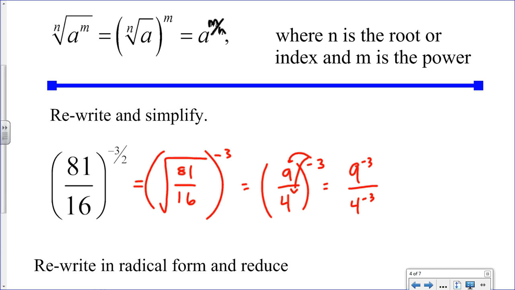So negative exponents do not give me negative numbers, remember. What do negative exponents do? Yeah, it makes it move. So the 9 has to move and the 4 has to move. So then I get 4 cubed over 9 cubed.